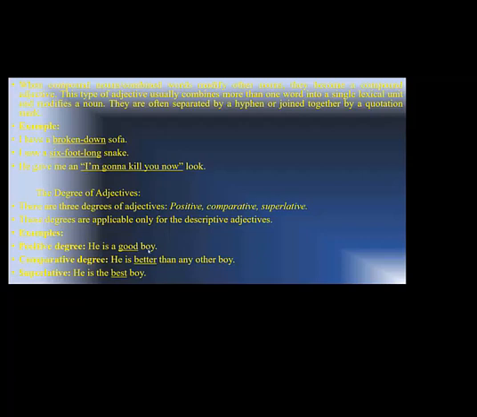I am describing the boy as good. Comparative, he's better. So better is higher than good. I am comparing his goodness, being better than the other boy or other boys. Superlative, he is the best boy, so I am specifying that he is the best boy.